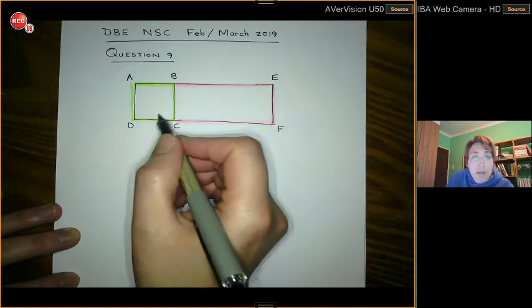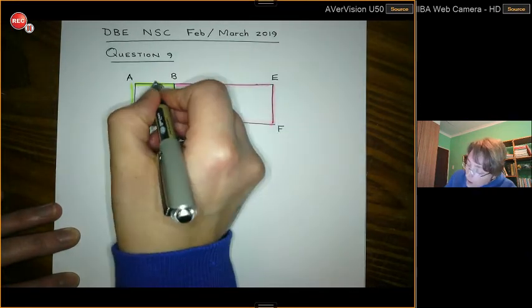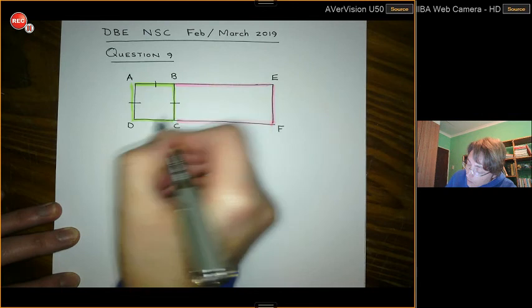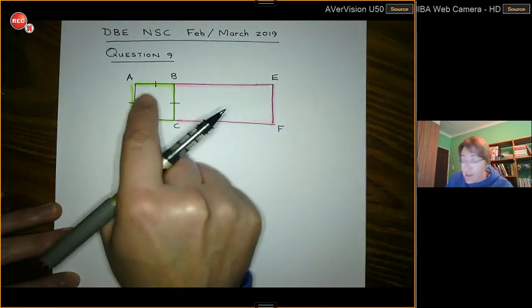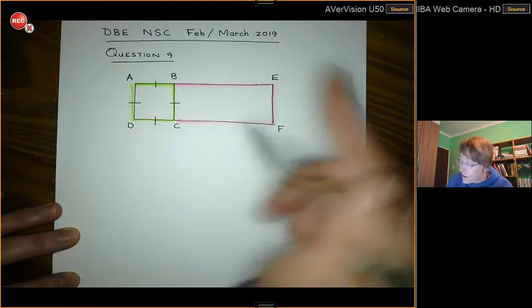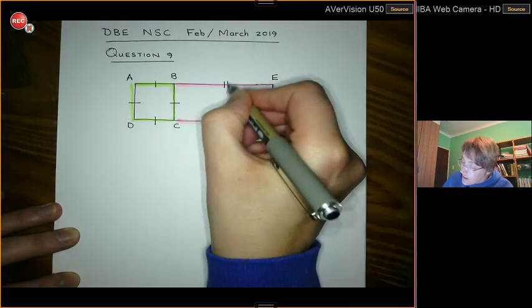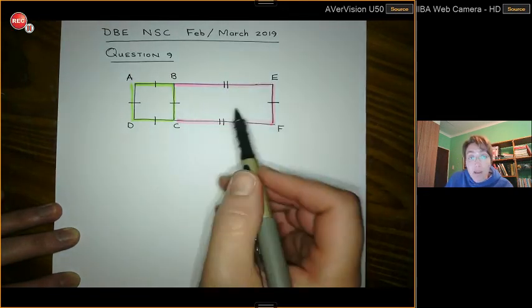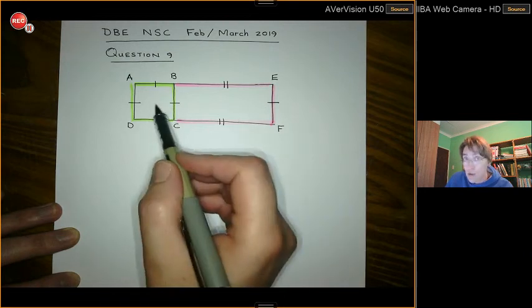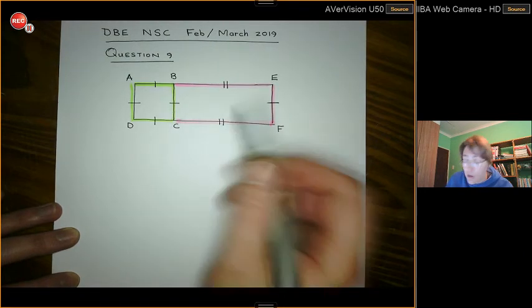Now because this is a square and it was given that it was a square, these 4 sides must therefore be equal. And because it is attached to form a rectangle, it means those 2 sides must be equal, and it means these sides must be equal, specifically because the rectangle is attached to the square. So that's the very first important thing you need to realize.